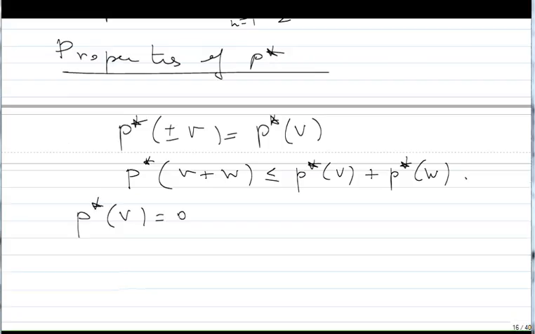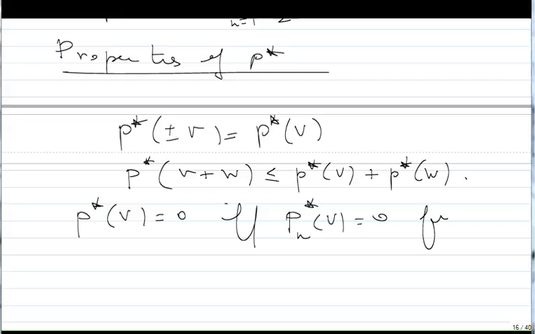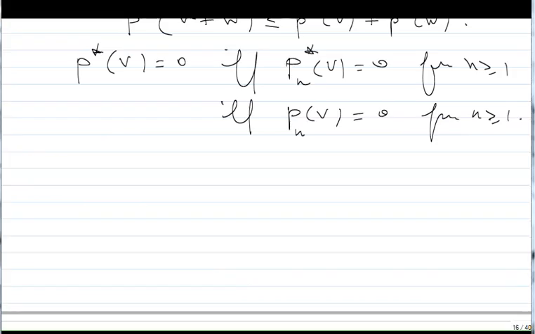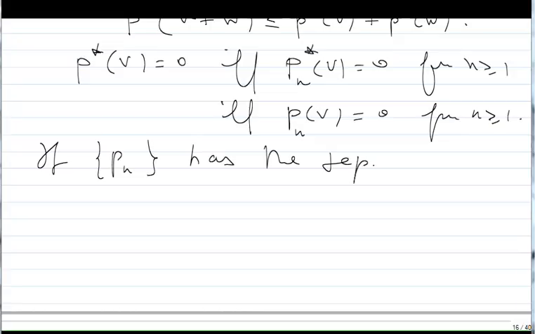P star of V equals 0 happens if and only if every Pn star of V is equal to 0 for any n, which implies Pn of V equals 0 for all n. So if the sequence Pn has the separation property, then we get that P star of V equals 0 if and only if V equals 0.